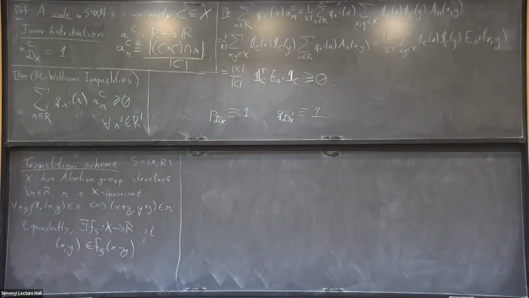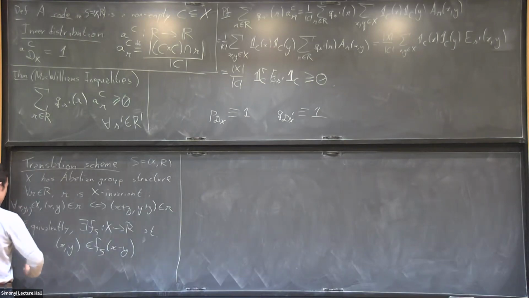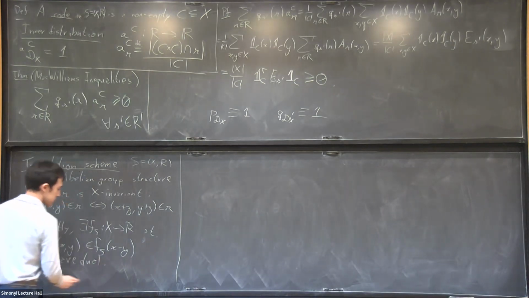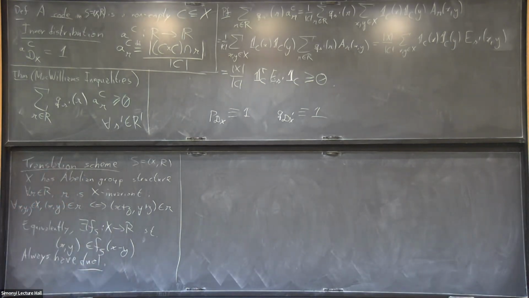Now the point is that translation schemes have very nice properties. First, which is not trivial at all at this point, they always have the loop. Don't you want to say before that the multiplication table of an abelian group gives you this relation?